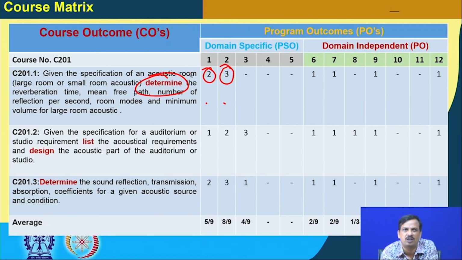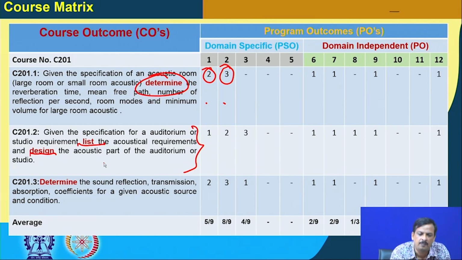First I discuss the PSO, domain specific, then I go to the domain independent. Similarly, let us take the same course's second objective. So, point 1 means C201.1, first objective, C201.2, second objective. List and design. List is knowledge level, design is synthesis level, but the cognitive level of this outcome is synthesis.